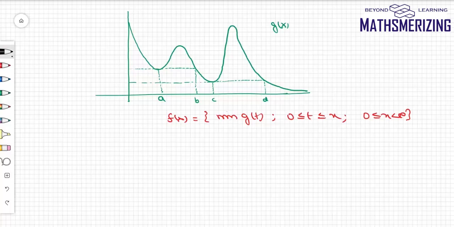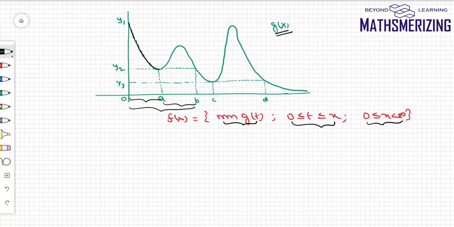Now in this case, I'm given the graph of g(x) and a function f(x) is defined as minimum of g(t) when t lies between 0 to x. So when x lies between 0 and a, it is a decreasing function. So minimum value of this function will lie at x itself. So in that case, f(x) is same as g(x). Now when x lies between a and b, the minimum value of this function will be at a itself.